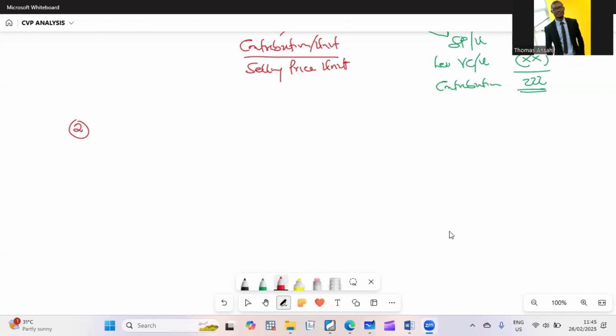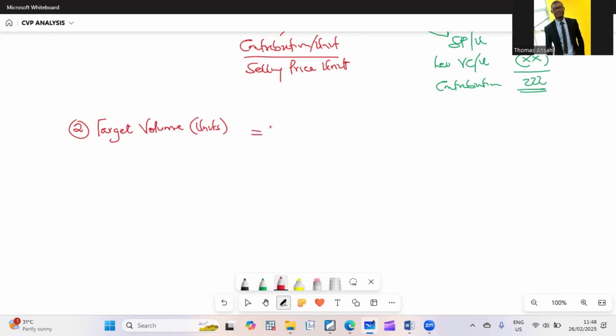Now, what is the formula for that? We have the target volume, or the level of activity required to meet a specific level of target. Here we are looking at units. So you can also call it the level of activity required to generate a target sales volume, in units.